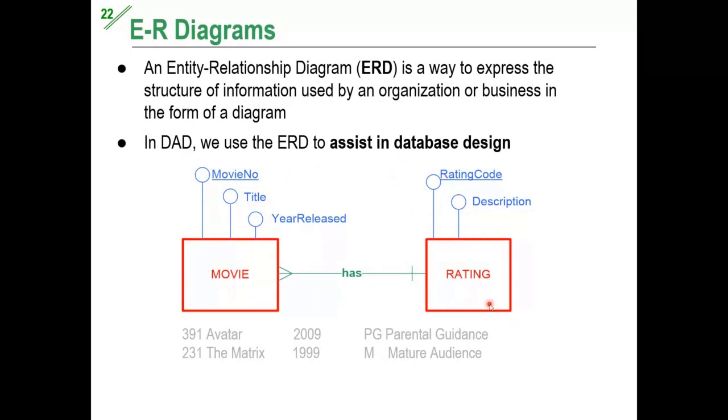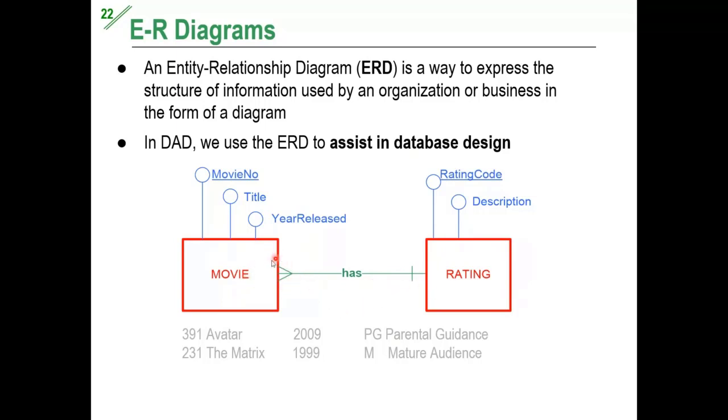And if you think about it, one rating can have many different movies. Remember, the movies have different ratings, right? PG, M, etc. When you watch TV movies, you can see they have put these rating codes. So you can see this green line. This is the relationship, right?